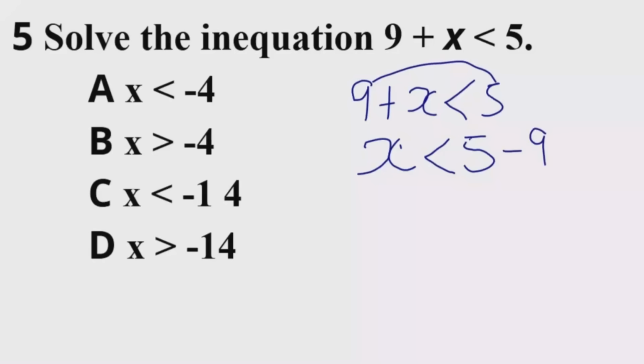Okay, then we write x is less than, which number is bigger between 9 and 5 without considering the negative and positive sign? We know that 9 is bigger. That means our answer is going to be negative, because the 9 is negative. Then we say, what is the difference of 9 and 5?